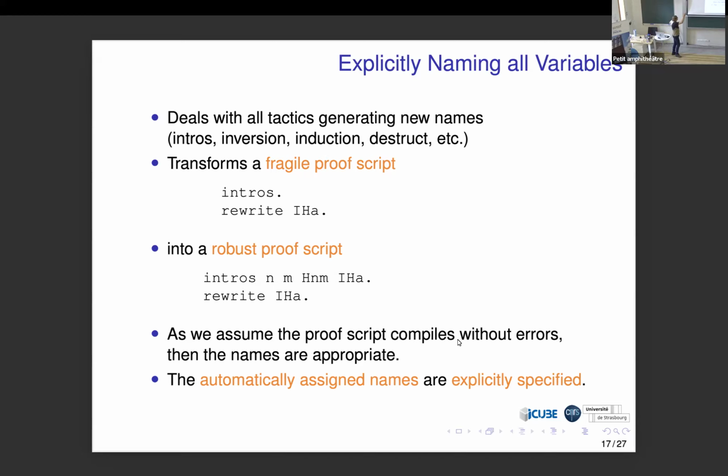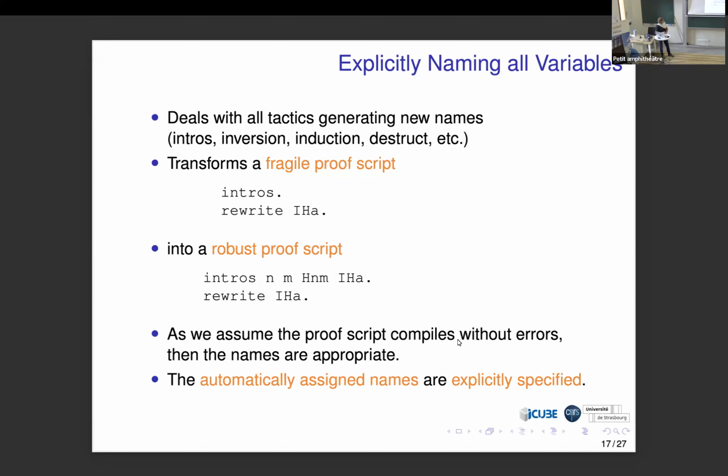So for instance, if you have something like intros, we write IHA, you want to transform it into something more relevant, which is intros. I didn't write the actual statement, but N M, HNM, and IHA, and then we write IHA.